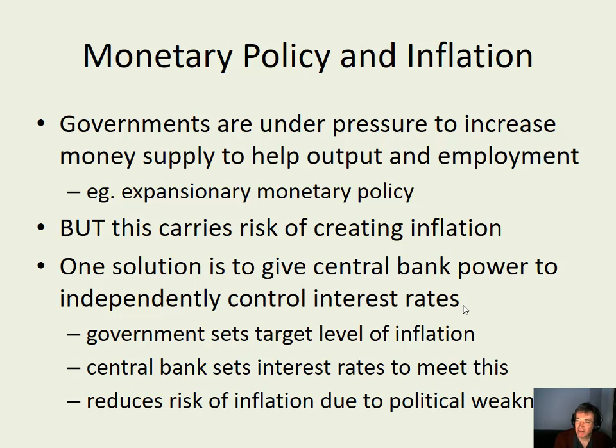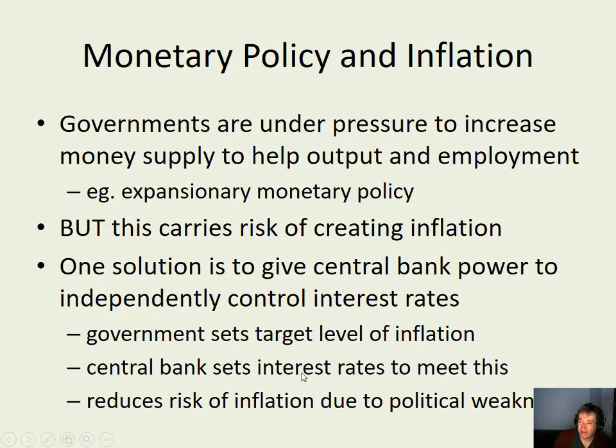And because they're independent, they don't care about voters and other interest groups saying we need more government expenditure on this, that and the other to boost employment. The central bank doesn't have that political pressure. It can just consider what rate of monetary expansion we need to make sure inflation stays within a desirable range. So the way it works is the government sets a target level, usually a target band, so between 0 and 2 or 2 and 4, whatever.